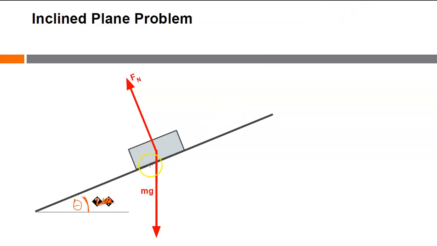When you have gravity pulling straight down and the normal force, the ramp itself, pushing up, those are the two forces on the box. Now I could have a string pulling up this way, or I could have a guy pushing it uphill, or a guy pushing it downhill, or something, but for certain I have gravity pulling straight down, and the normal force is always normal to the surface.